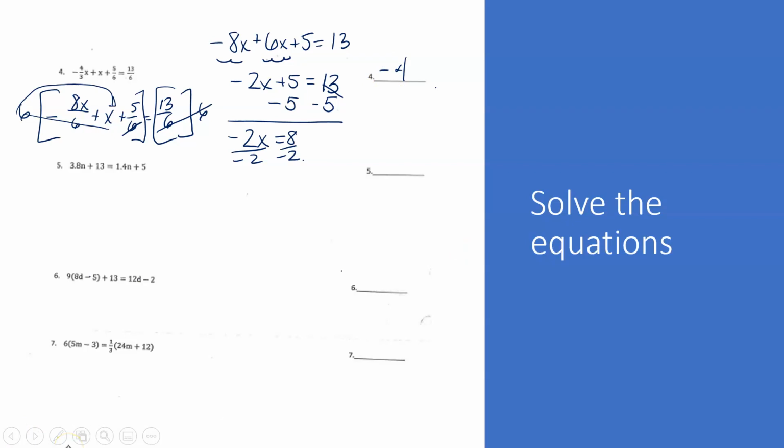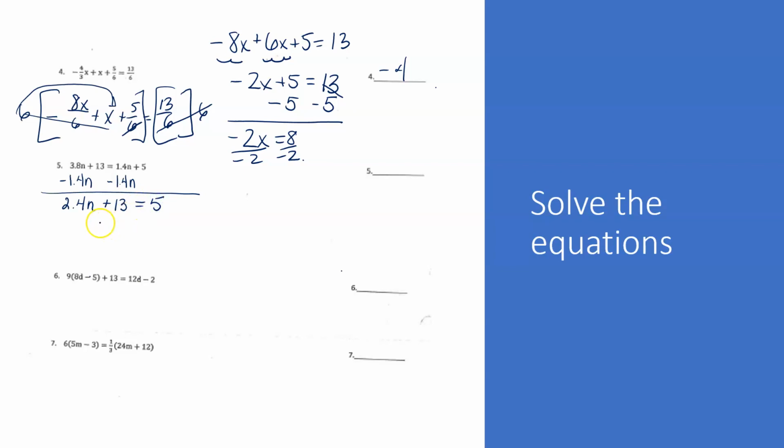Okay, number 5 is more decimals. I'm going to bring the n's over to one side. So I'm going to subtract 1 and 4/10 n. You can also subtract 3 and 8/10 n, but I'm going to go this way. So I have 2 and 4/10 n plus 13 equals 5.